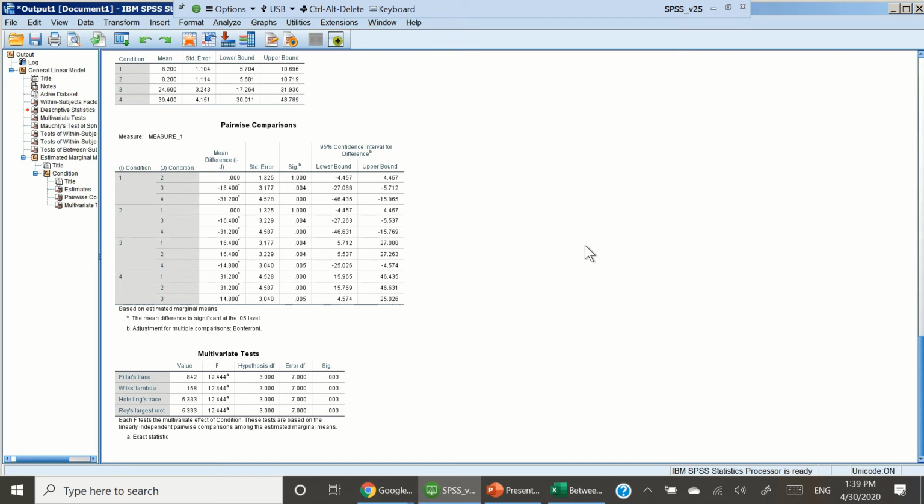In other words, at baseline and at 7 days after the CBT has started, you don't see any immediate effect. But starting at 14 days, you start to see some improvement, and at 21 days, you see a lot of improvement. Okay, so that's basically how you will want to work the problem, and that's how you would do this in SPSS.